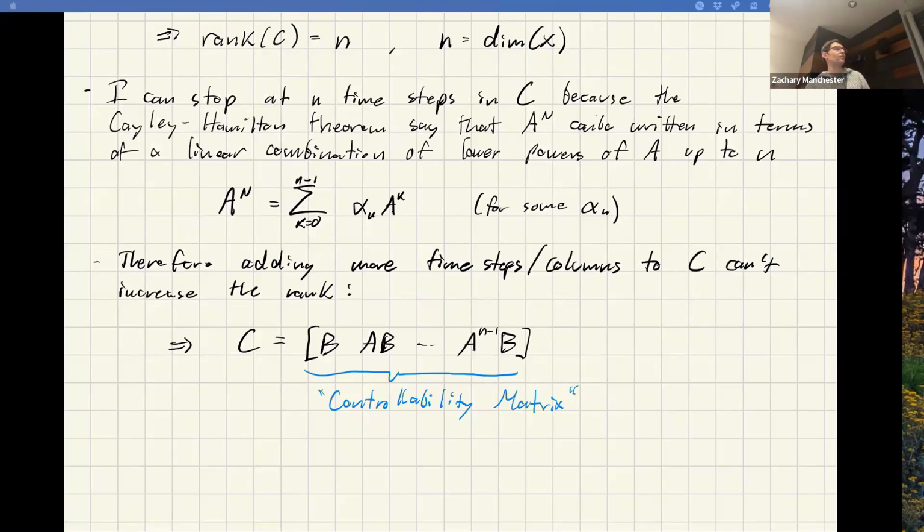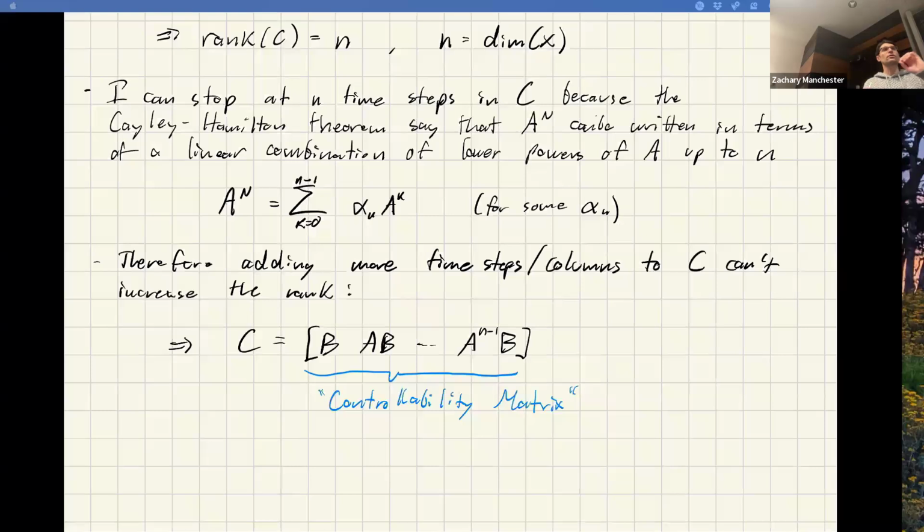So question now. If the system is fully actuated in the robotic sense, how many time steps do I have to go in here? One, because I basically have instantaneous control over all the degrees of freedom, so I just need the B. So what does underactuation mean then?